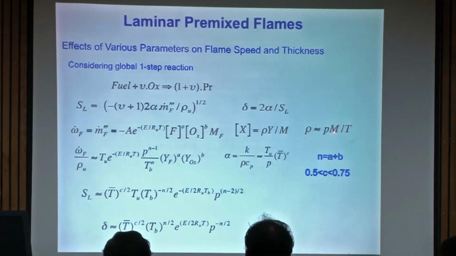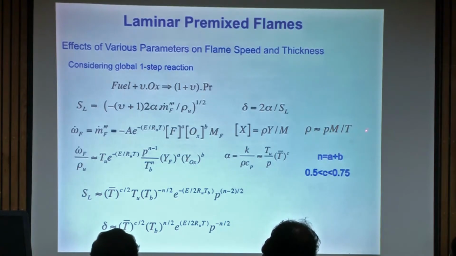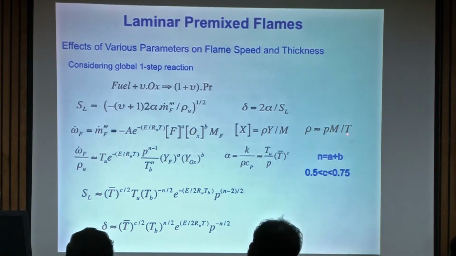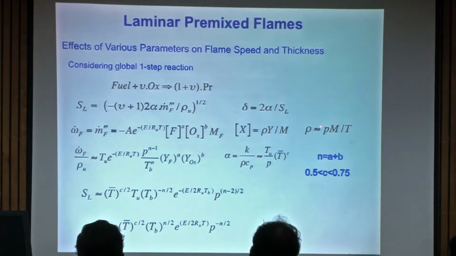We are just looking at what the variation is with other parameters. So density will go like pressure times molecular weight divided by temperature. I'm not writing the gas constant there because you just want to see the effect qualitatively.